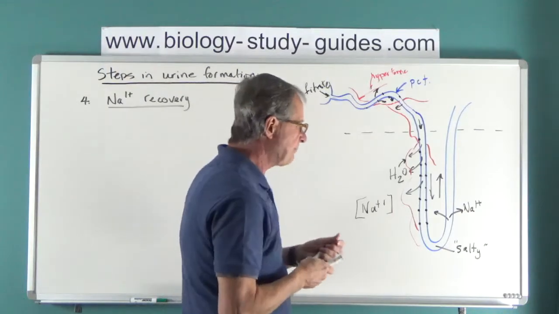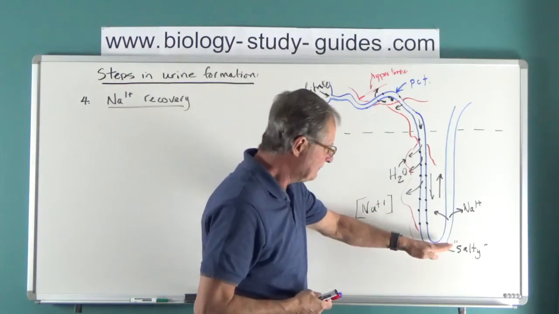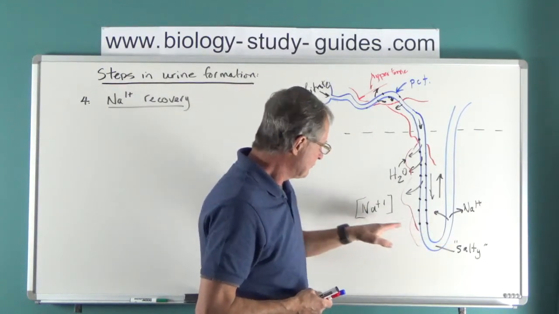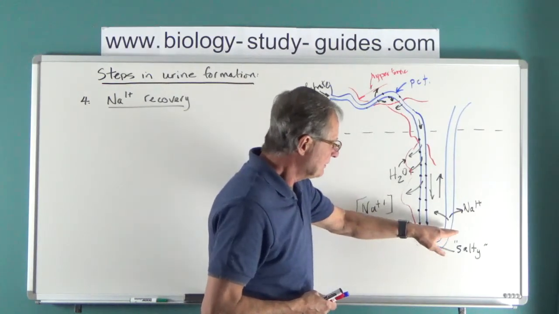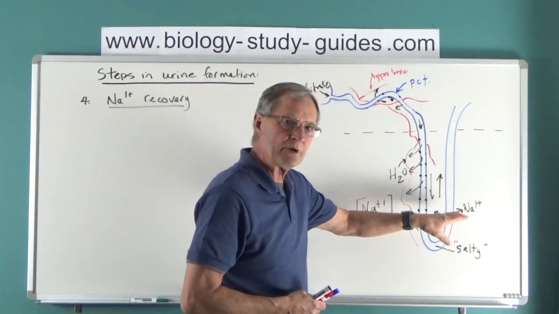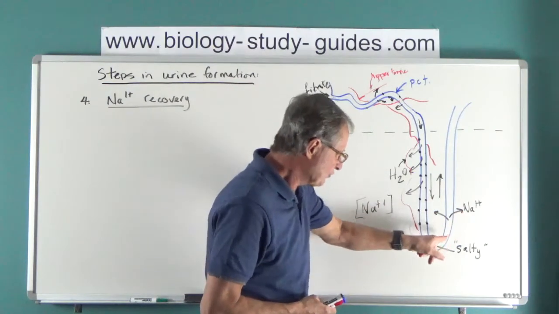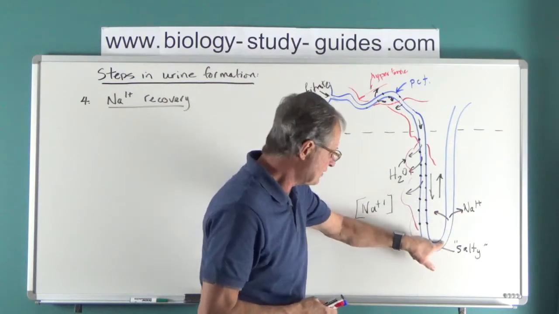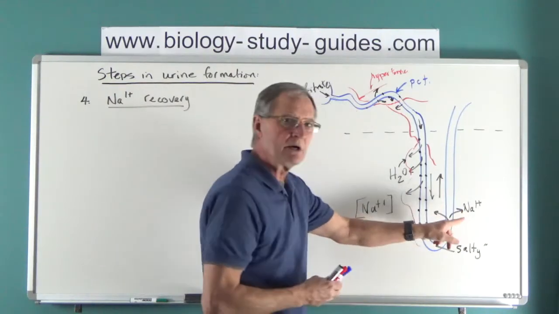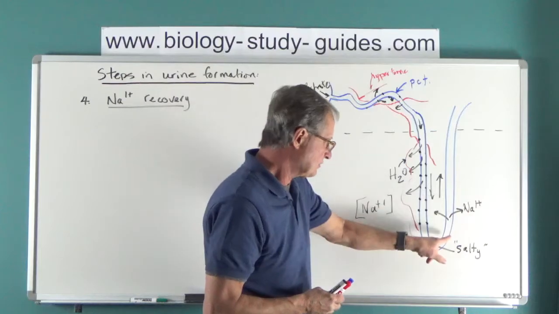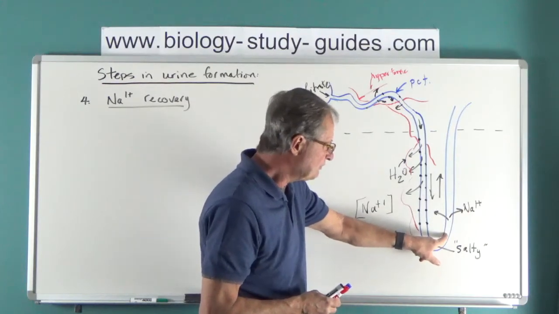Now, at the very bottom of this loop of Henle, where the sodium concentration is quite high in here, it's not going to pass on its own quite realistically, is it? If it's really, really salty, and if this salt concentration exceeds this, you can have some diffusion of sodium leaving, as long as the proteins are there, leaving the tubule.